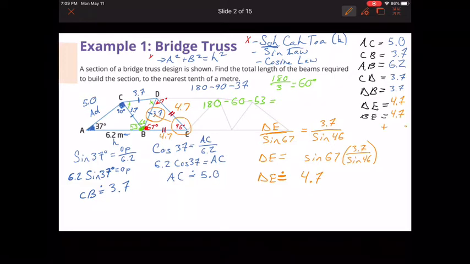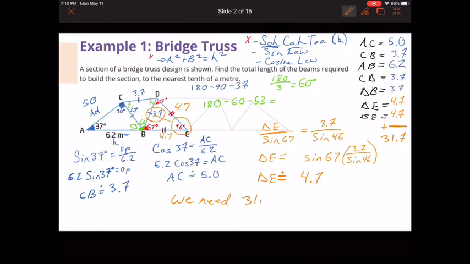So now it's just a matter of adding up all 7 sides, which I get a length of 31.7 meters.